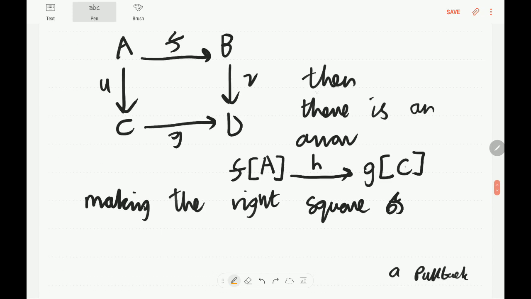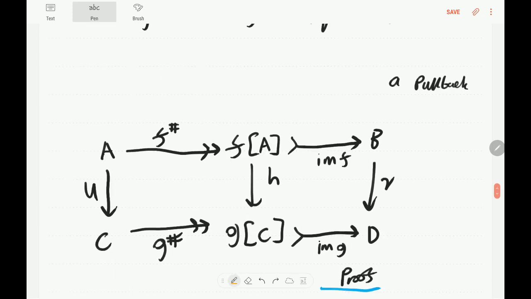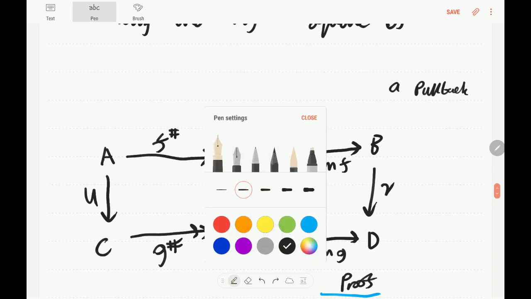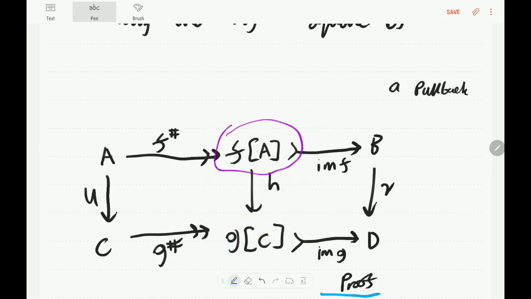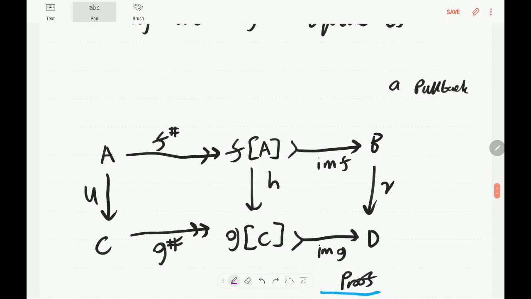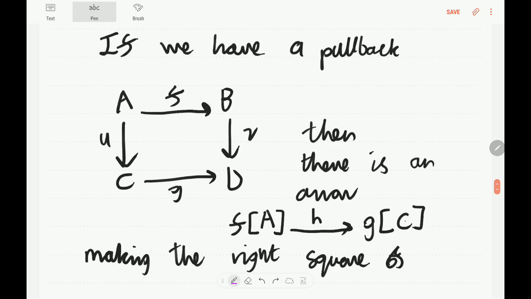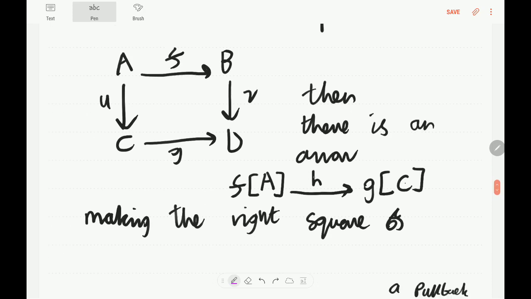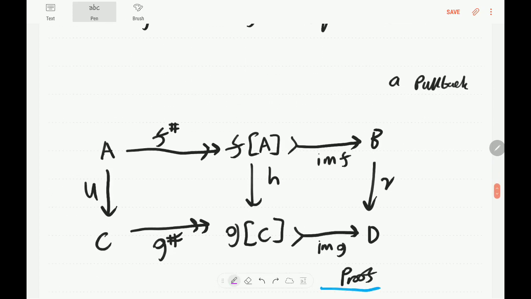Then our claim is that, so remember this F with square brackets of A, this is the domain of the image of F, and similarly with G. So the claim is that given a pullback like this, where we have the pullback of an arrow G from C to D and an arrow V from B to D, given by U from A to C and F from A to B, then there's an arrow H from F of A to G of C that makes the right square of this commute.